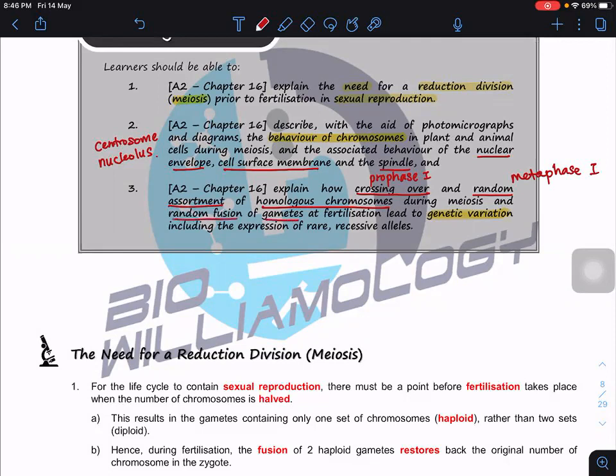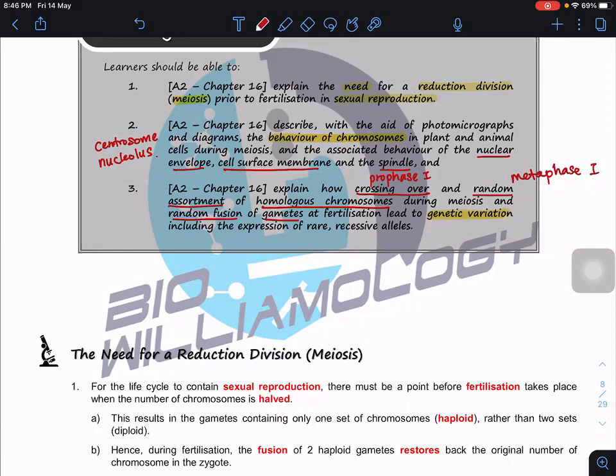Now, what does random fusion mean? When fertilization takes place, for example in humans, when the male ejaculates, there are maybe about 2 million to 3 million sperm cells. We have no way to choose which sperm cell, and each sperm cell represents a combination of alleles. The same goes for the female.